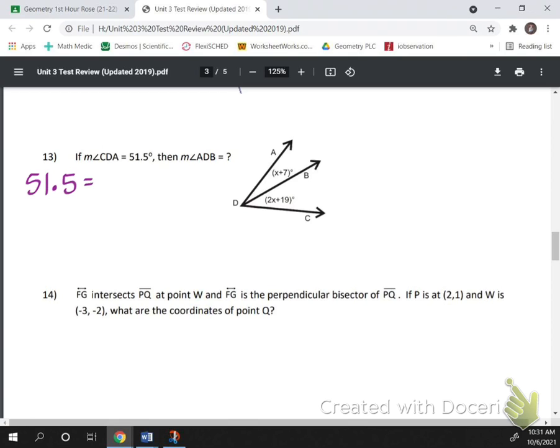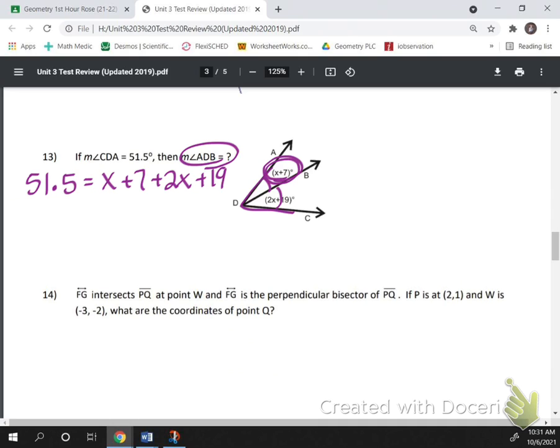X plus 7. Yep. Because this little angle and this little angle add up to be this whole angle. So I'm going to write this equation and solve for x. Don't forget to plug it back in so you find the measure of ADB.